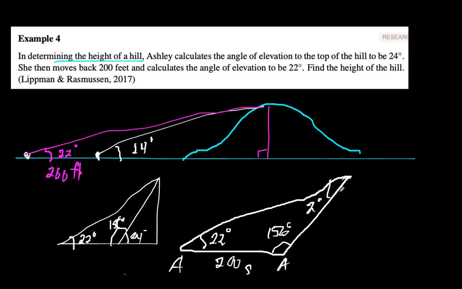Okay, anyway. So we're looking for the height of the hill. Itong hinahanap natin. All right. So we can actually find the value of this hypotenuse na to. Solve for this. Let's say this is our A and we can solve for the height afterwards.